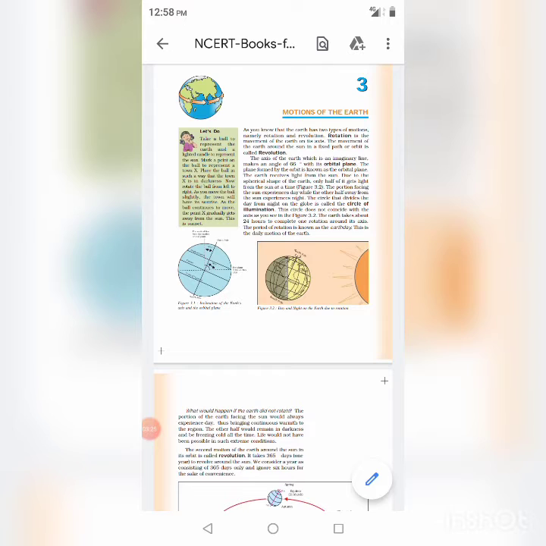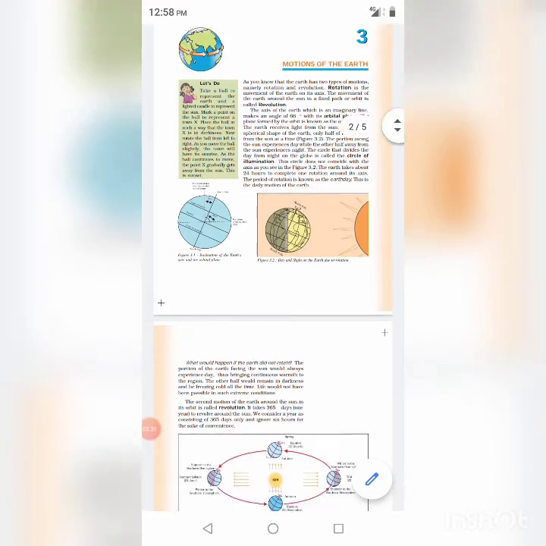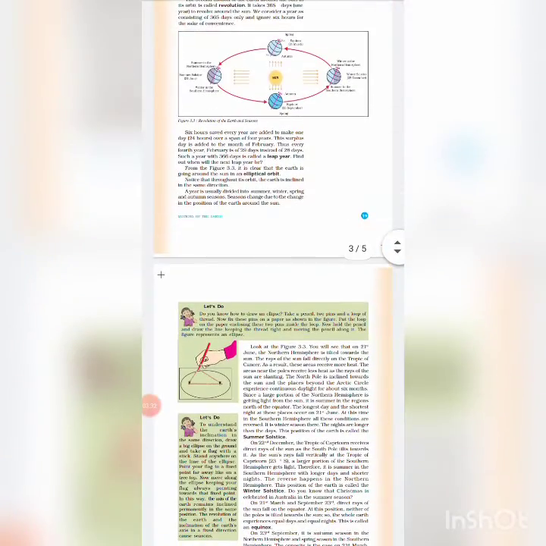Now, orbital plane. The axis of the earth, which is an imaginary line, makes an angle of 66.5 degrees with its orbital plane. The plane formed by the orbit is known as orbital plane.